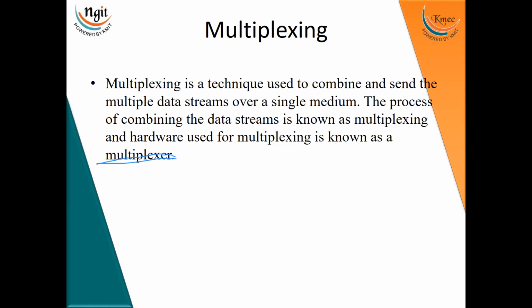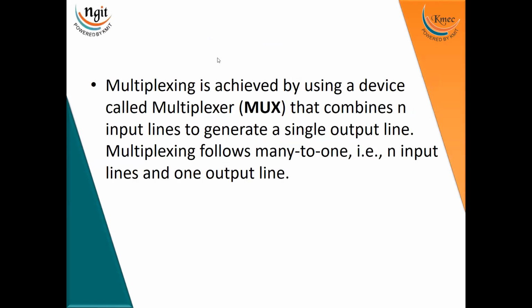In the next slide, what is meant by multiplexing and multiplexer is very important. Multiplexing is mainly achieved by using a device called a multiplexer that combines n input lines to generate a single output line.